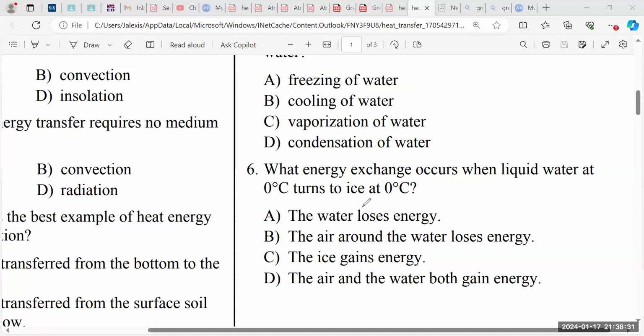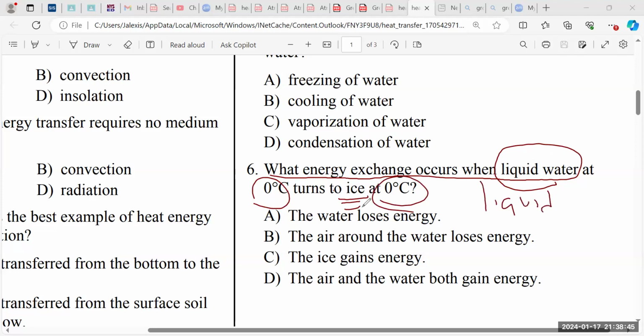Number 6, it says, what energy exchange occurs when liquid water at 0 degrees turns to ice at 0 degrees? So we know it's going from liquid to solid, and we know that process as freezing.